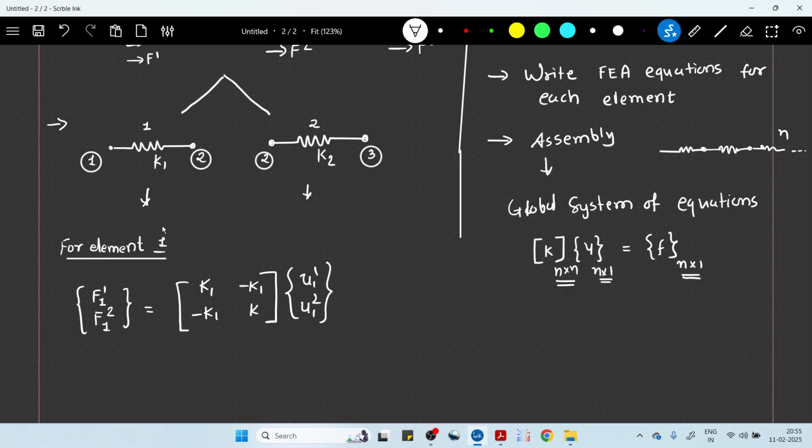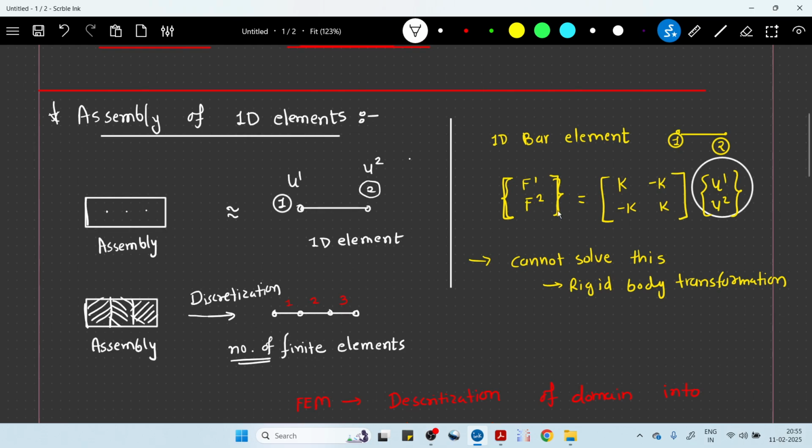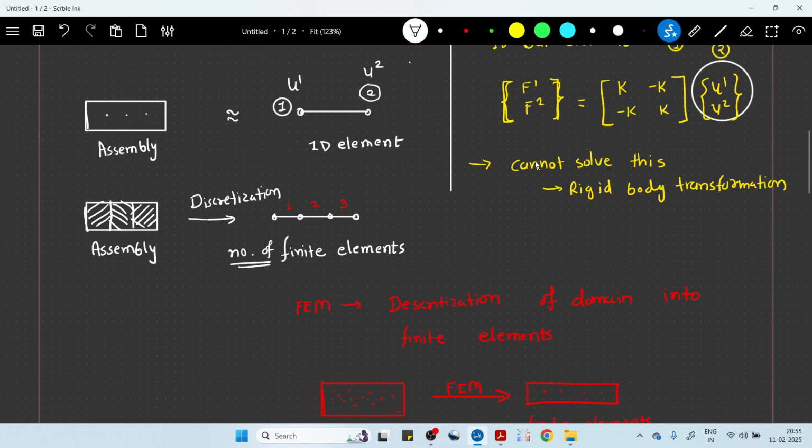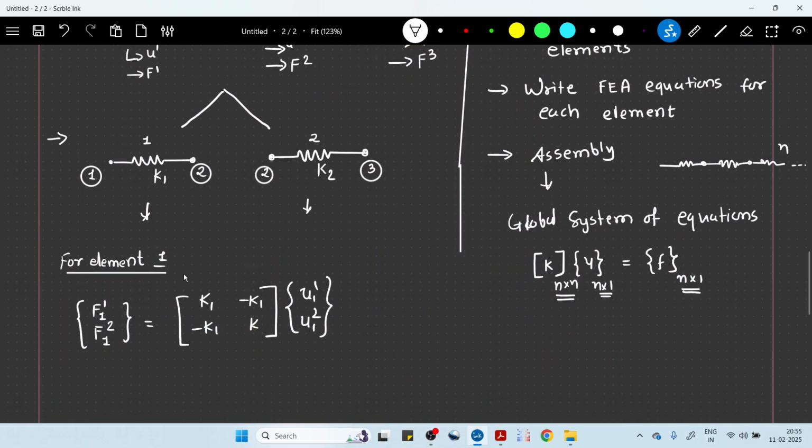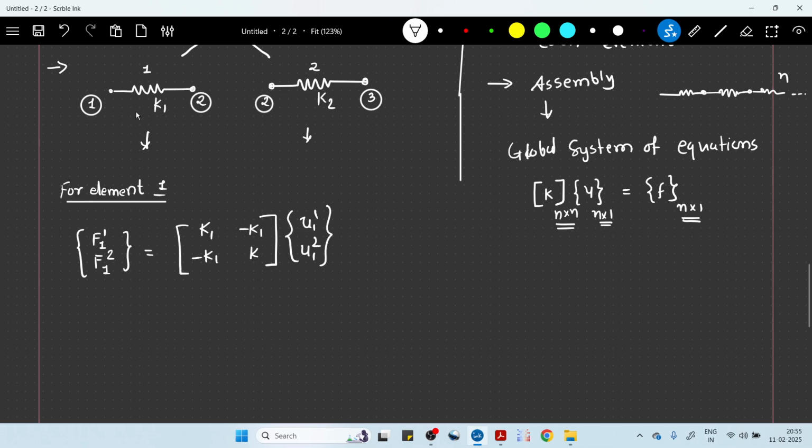Because k is nothing but the element stiffness, I use the subscript for element indication. We have just applied the FE algebraic equation which we derived for a single element to this particular element, element number 1.